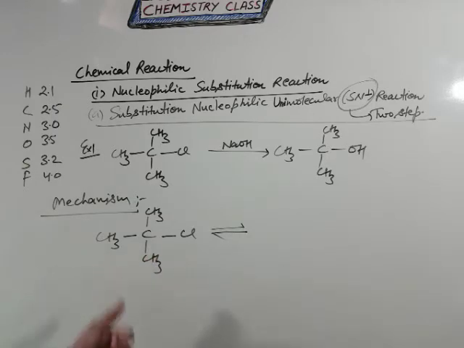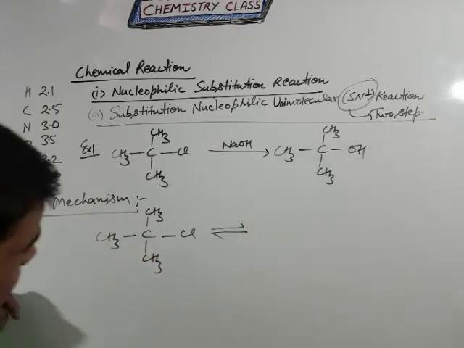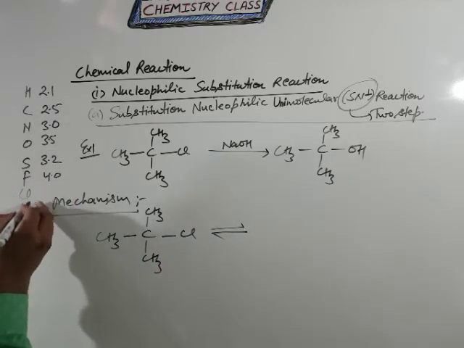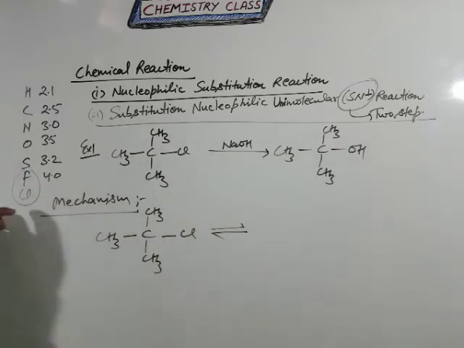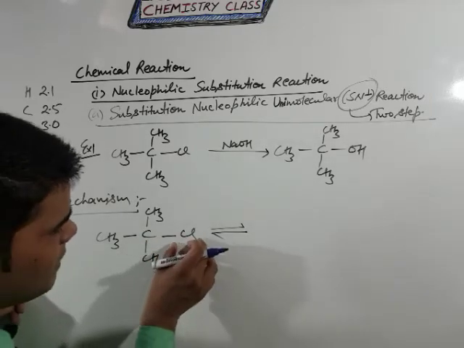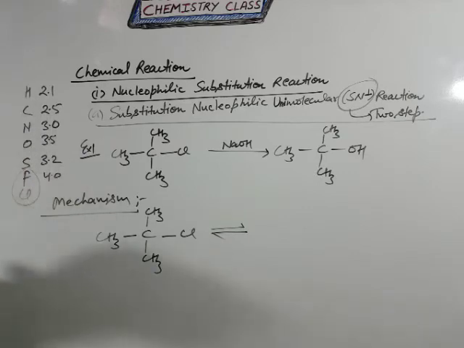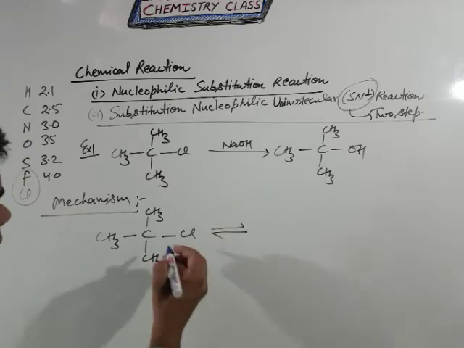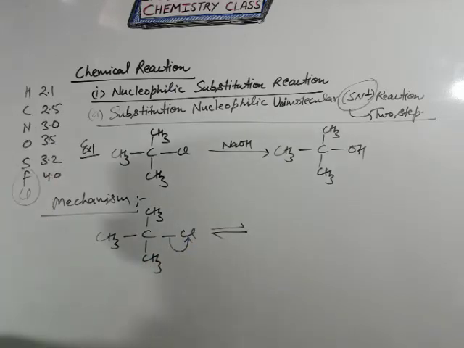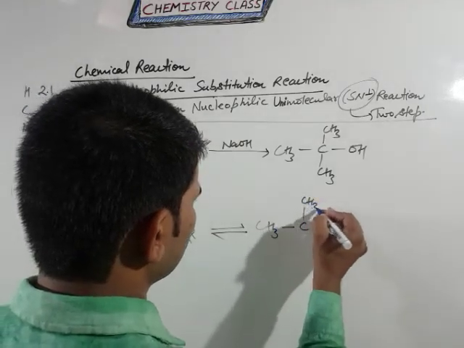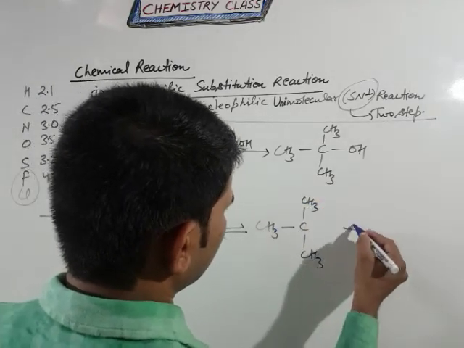So that means it will follow the cation anion mechanism. Because chlorine is a member of the fluorine family, in the case of carbon and chlorine, which one has the maximum electronegativity? The chlorine atom has the maximum electronegativity, that's why the bond shifts onto the chlorine atom. So you can see CH3 single bond C, CH3 and CH3, plus Cl.